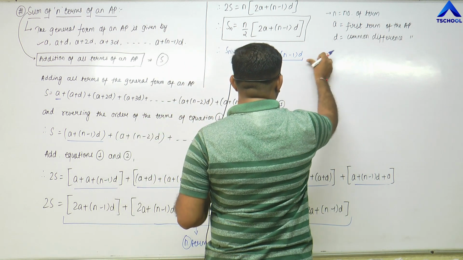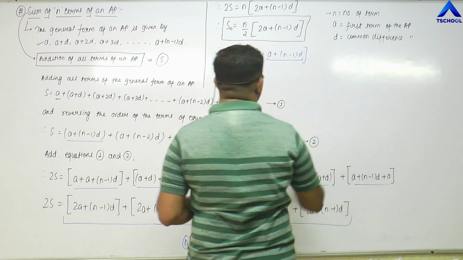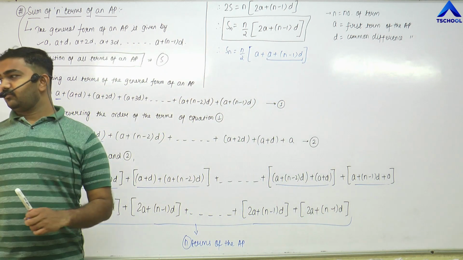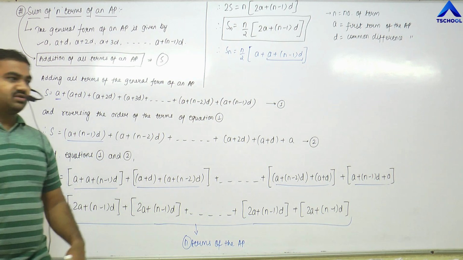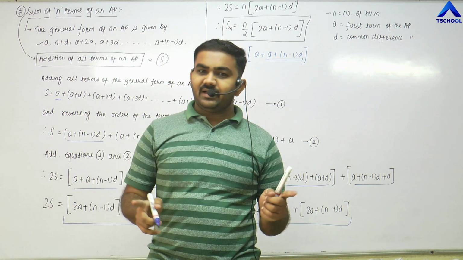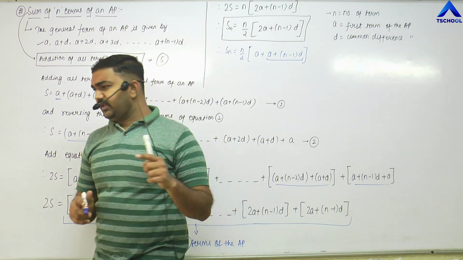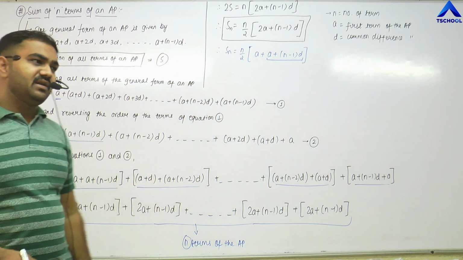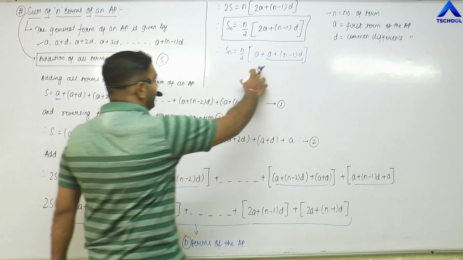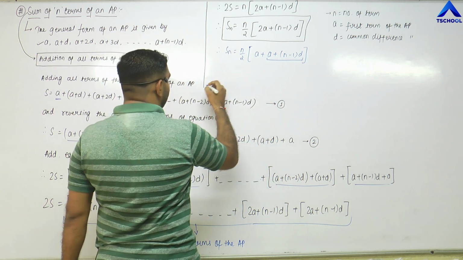Can you relate this with anything here? Right, that is the formula to find out the nth term of an arithmetic progression. What did I do? I have split that 2a. 2a is written as a plus a. So any one of the a, you add it with n minus 1 into d. So that becomes a plus n minus 1 into d.